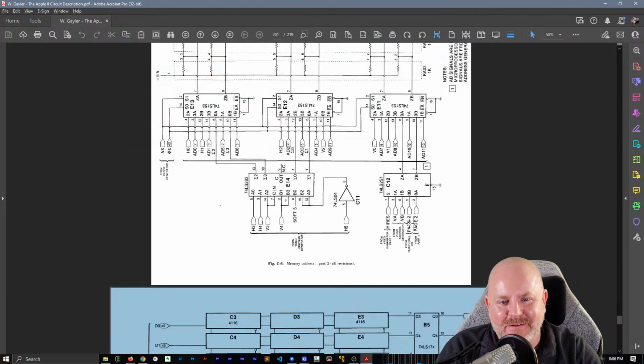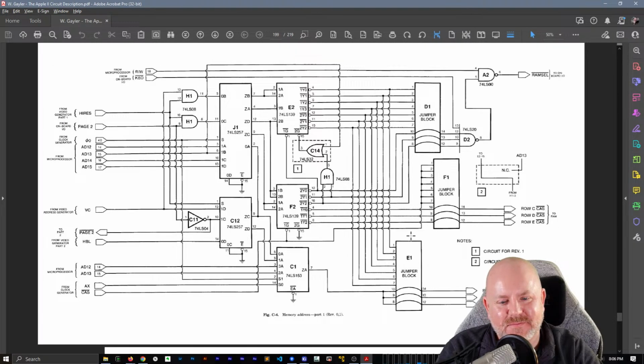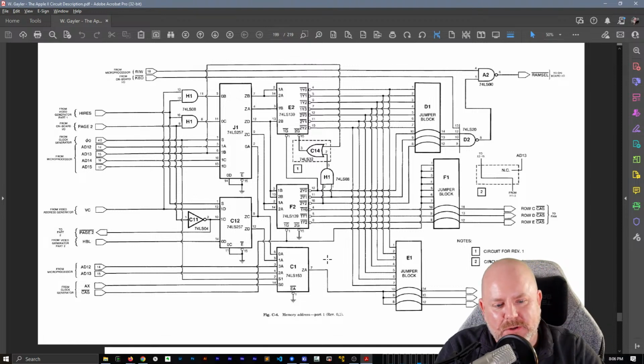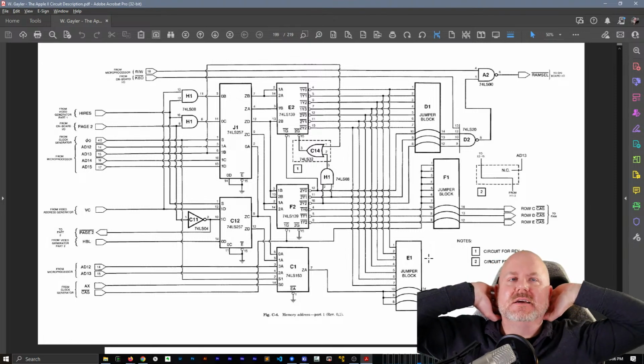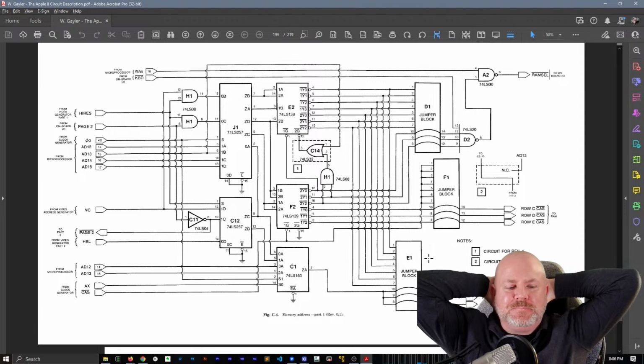Oh, Acrobat. Why can't I get rid of you? Oh, I see. So there's supposed to be a jumper block for, is this like at the end of the rows for when you add more RAM?